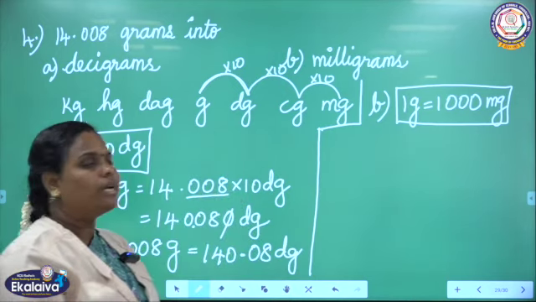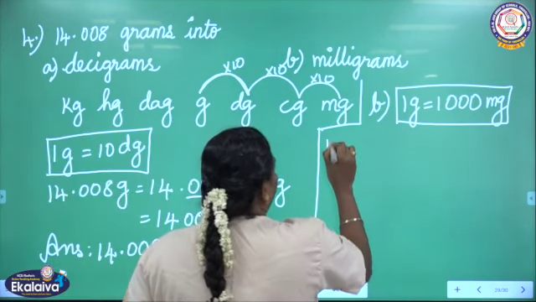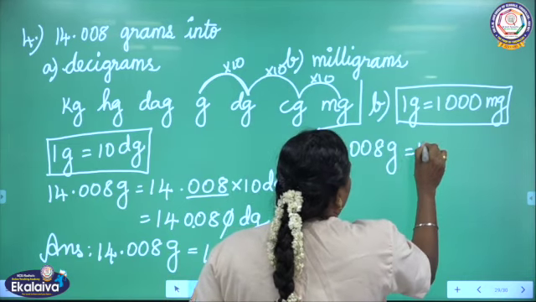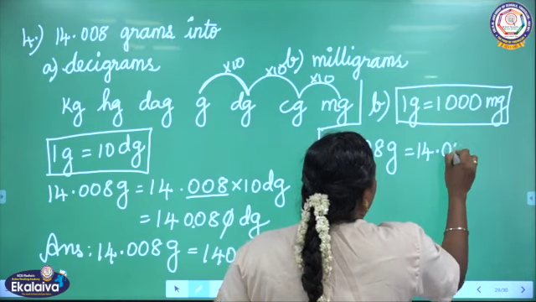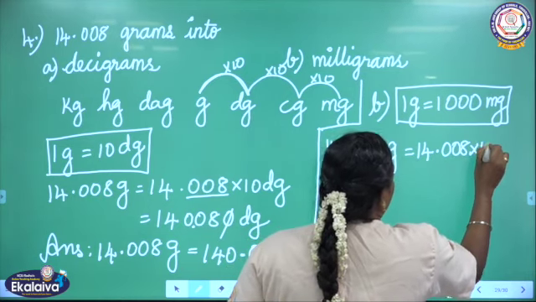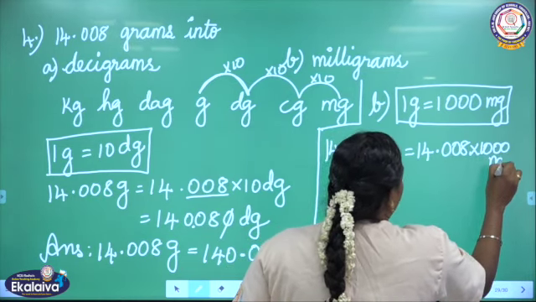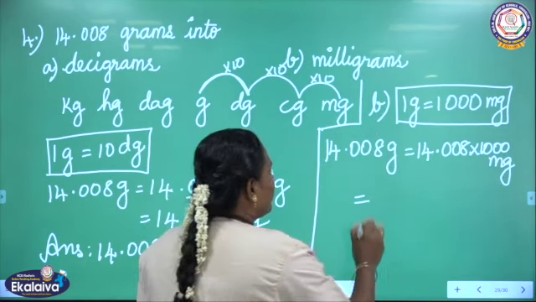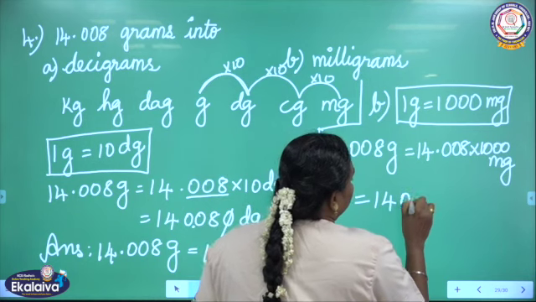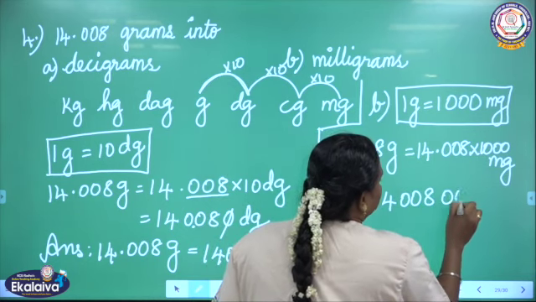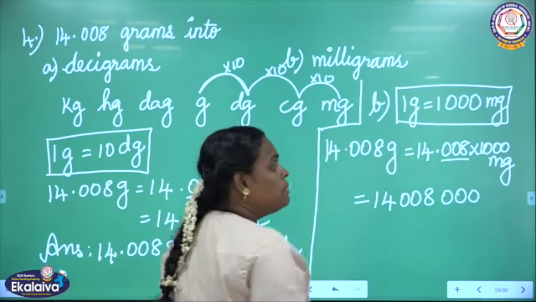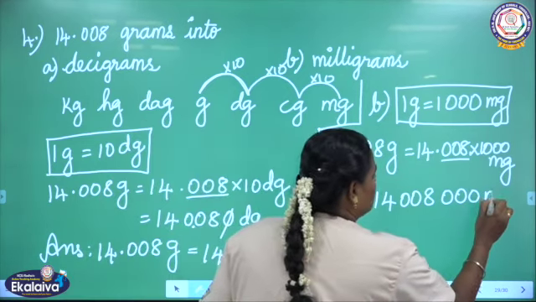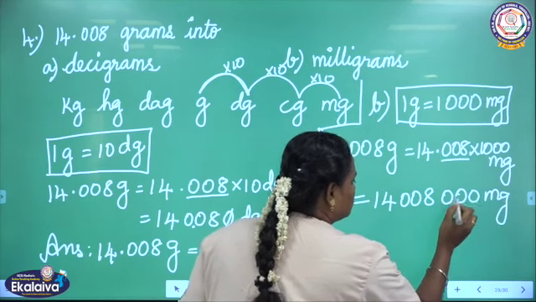So 14.008 gram equal to, what we are going to do? We are going to multiply by 1000 milligram. If you multiply by 1000, you write 14008, then 3 zeros. How many decimal places, children? 3 decimal places, so you leave 3 digits, 1, 2, 3.